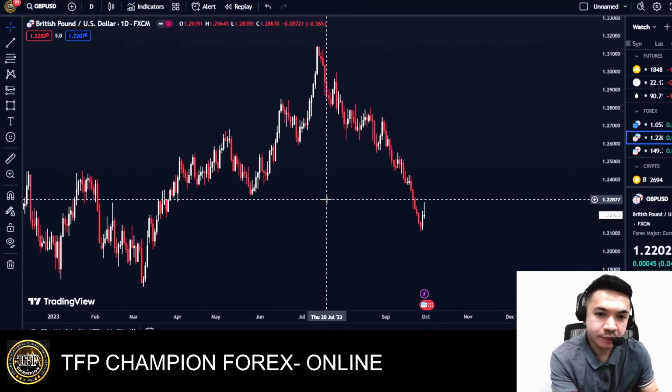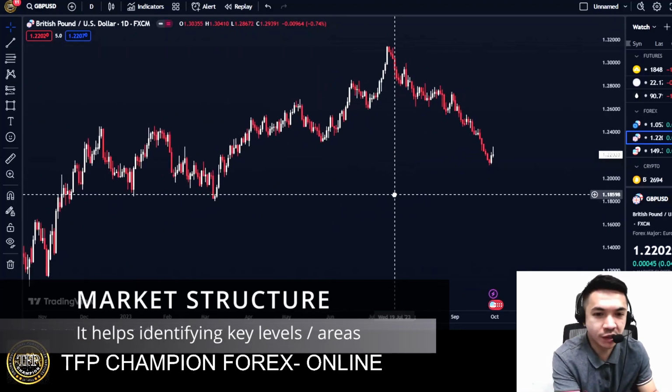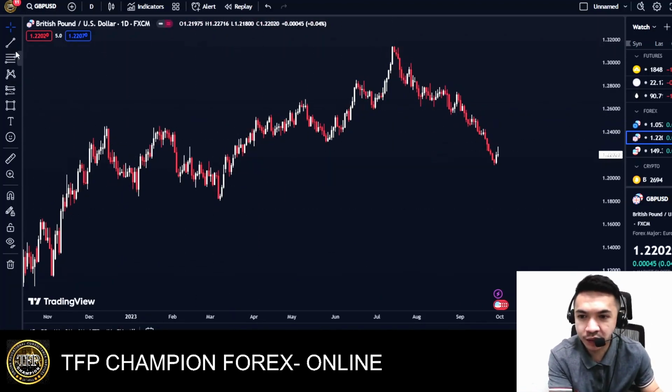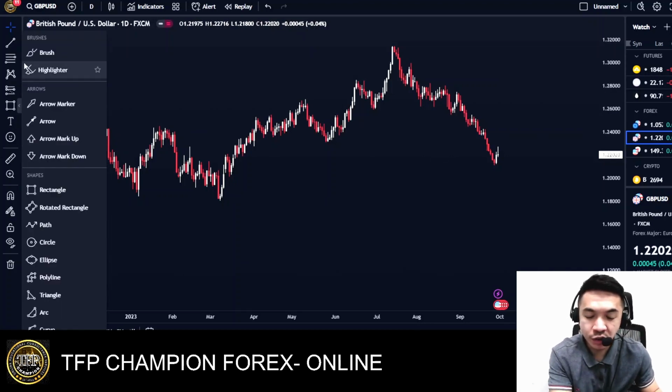Makita nyo, again, first things first is we have to make sure ano ba yung market structure, paano ba tayo magbasa ng market structure. So first thing gawin muna natin is basahin muna natin yung market structure nitong chart na to. Later on, we'll go down to a much lower time frame, top-down analysis, para makakuha tayo ng pwedeng opportunity.